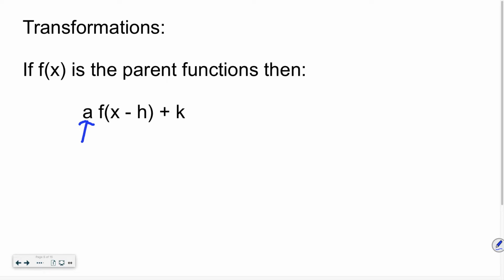You can consult your neighbor. Vertical or we don't know. Okay. Well, you said it's outside. What does k affect, horizontal or vertical? Vertical. So a, since it's on the outside, is also going to affect vertical. So you said stretch or shrink?